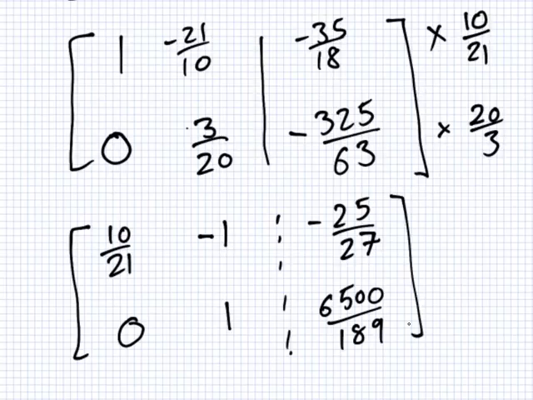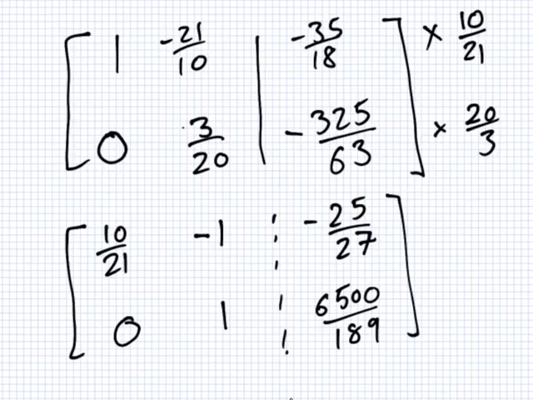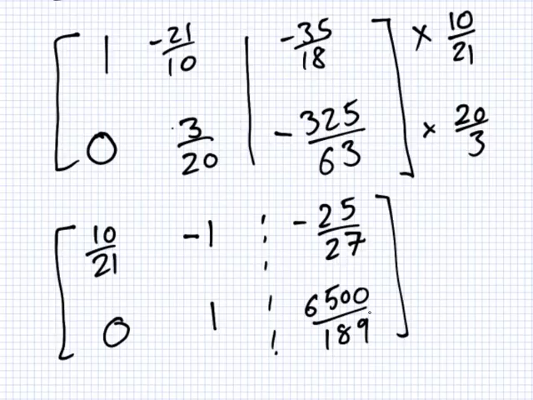Put 10 over 21 to, no, row 1, plus row 2, and put the answer in row 1.